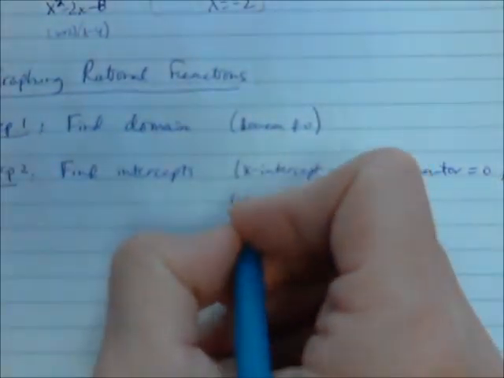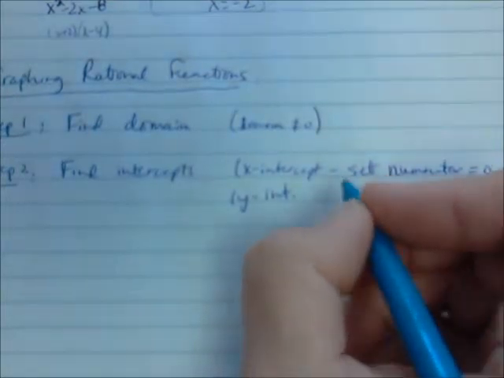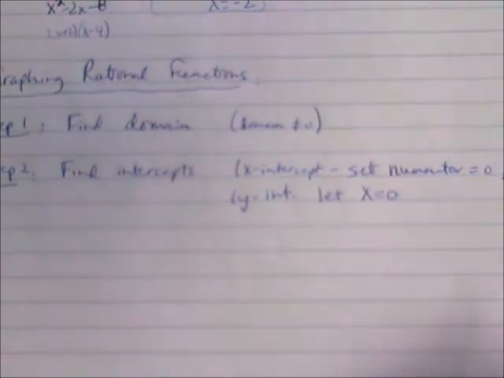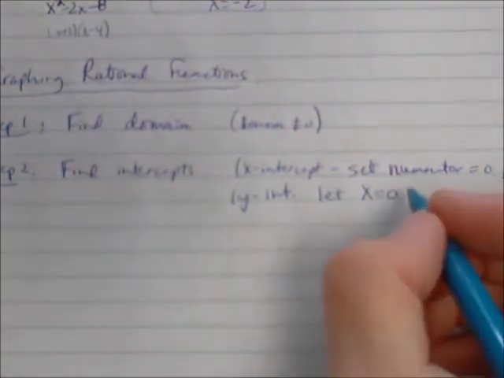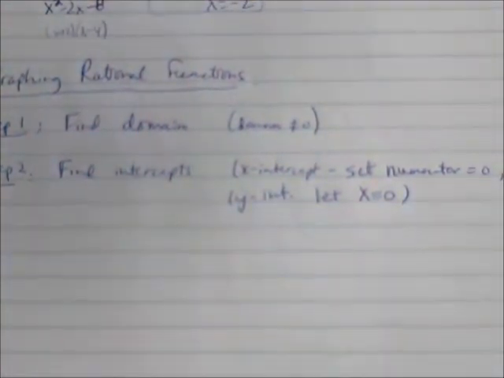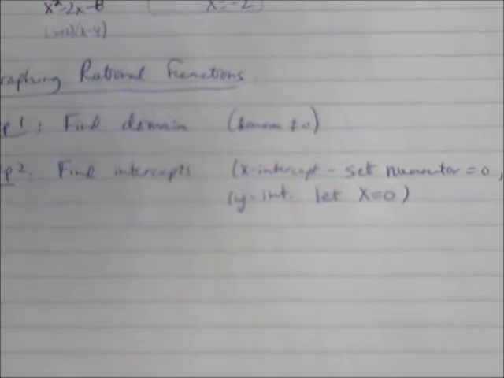And then for the y-intercept, all you're going to do is let x equal 0 and simplify the result. So you'll get a couple of points, or you might get 3 or 4 points. You might get multiple x-intercepts. Usually you'll only get one y-intercept.